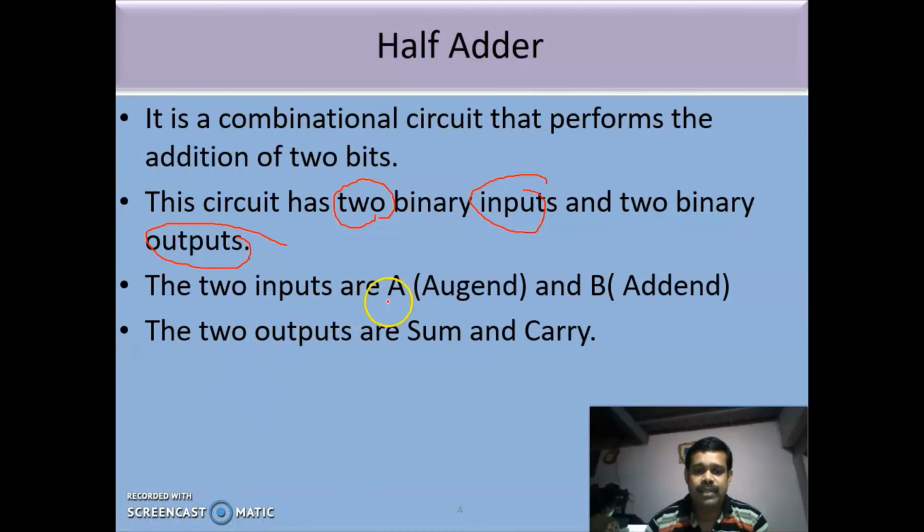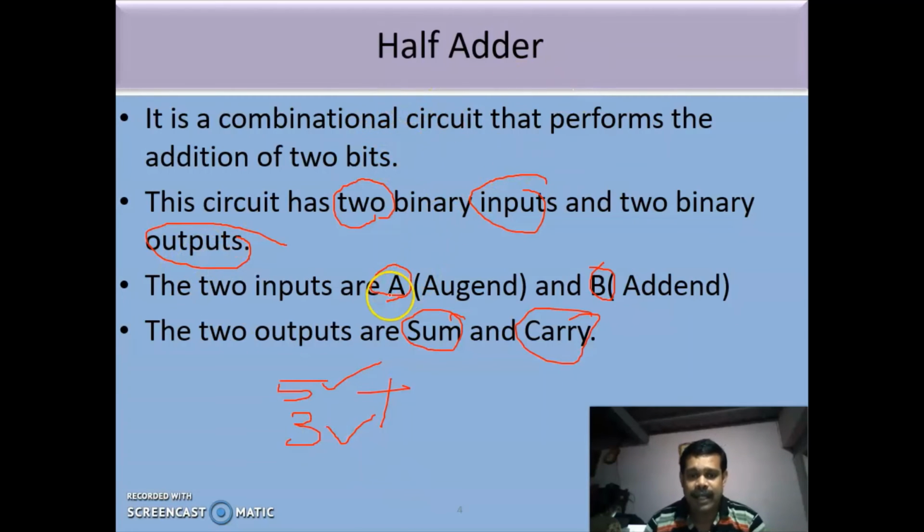The two inputs are A and B, and the two outputs are sum and carry. So if you are adding 5 plus 3, 5 is called the augend and 3 is called the addend.